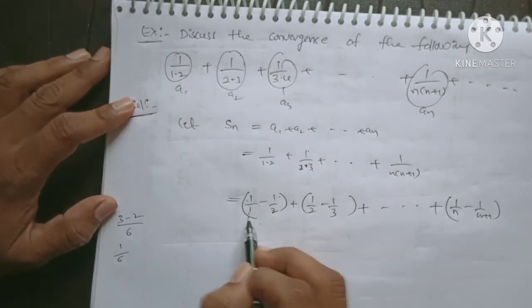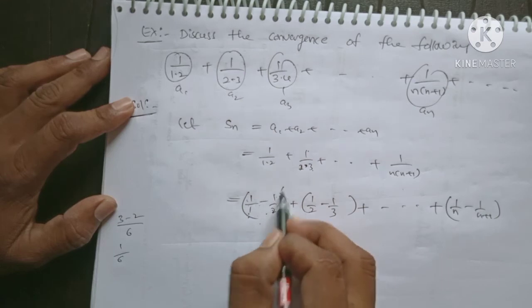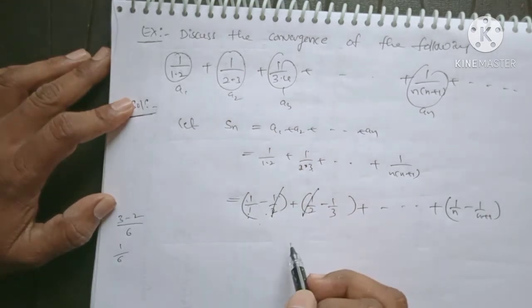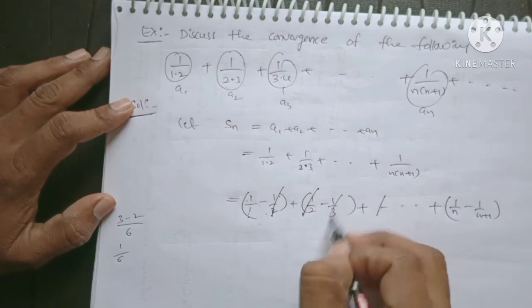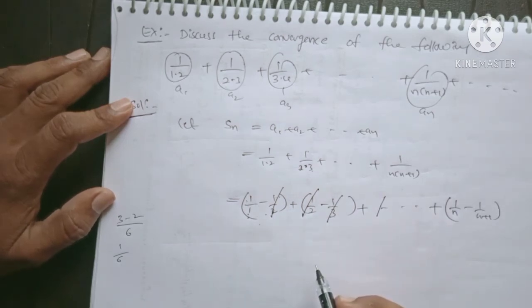Look here: 1 by 1 minus 1 by 2, then minus 1 by 2 plus 1 by 2 gets cancelled. Minus 1 by 3, next plus 1 by 3, gets cancelled.